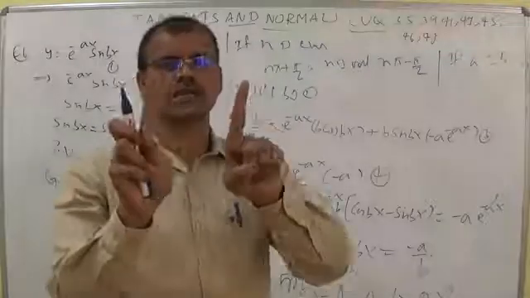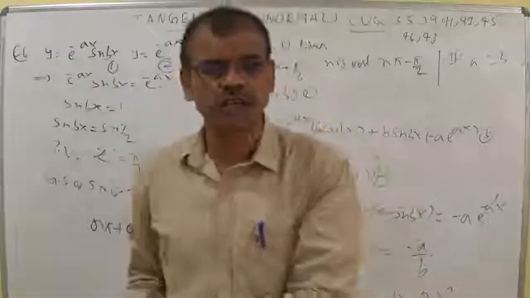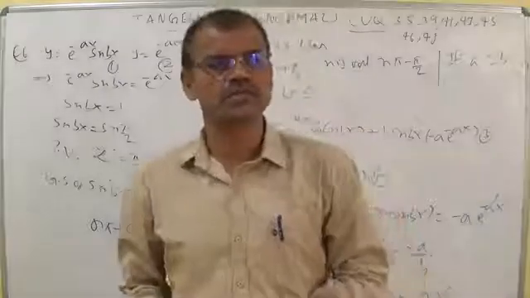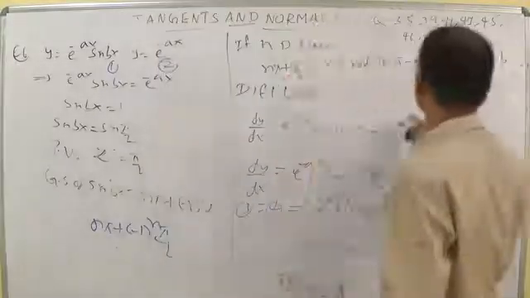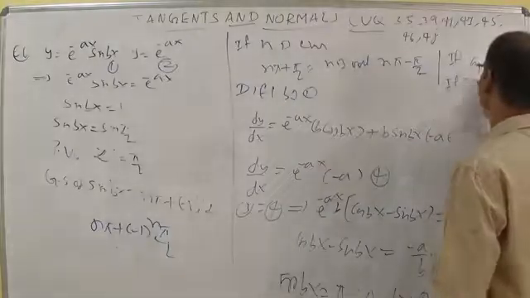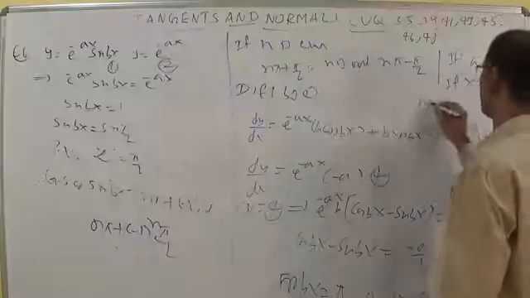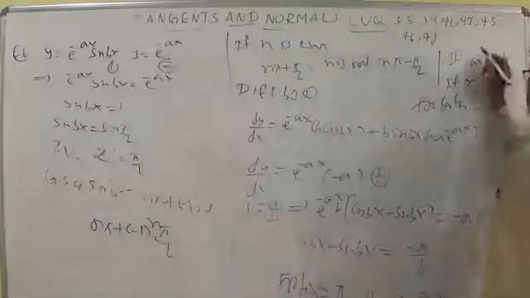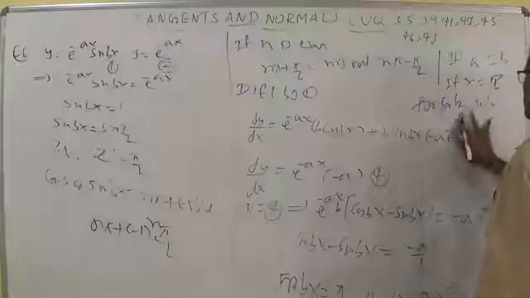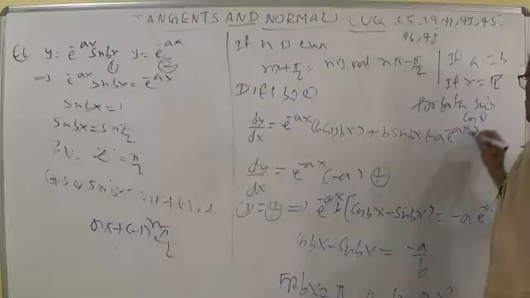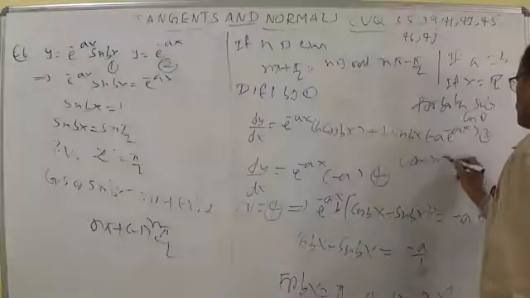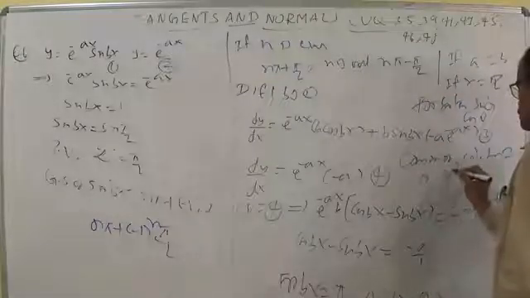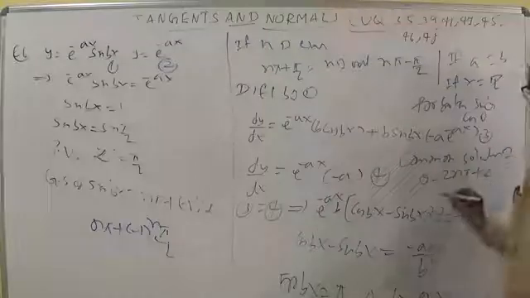If cos x and sin x simultaneously satisfy the equation, we can say the common solution of the two trigonometric functions is 2n pi plus alpha. If x is equal to pi by 2 for both sin theta and cos theta simultaneously, then the common solution of theta is 2n pi plus alpha.